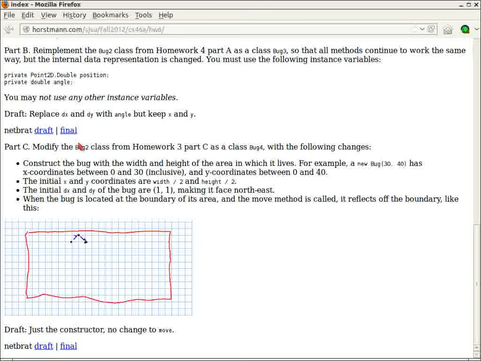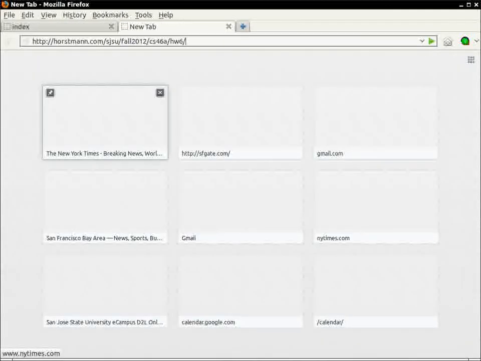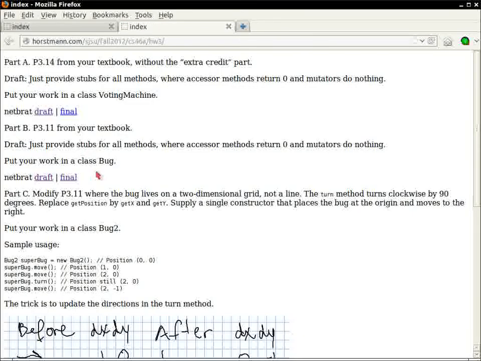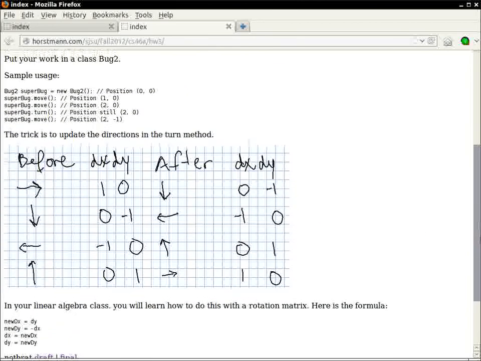So the question we need to ask ourselves is, in this particular example, in homework 3 part C, did that bug live on the screen, or did it live like in regular old integer coordinates? So let's pull up that assignment. Now over here, when the bug moved down, you notice that we have a dy of -1.